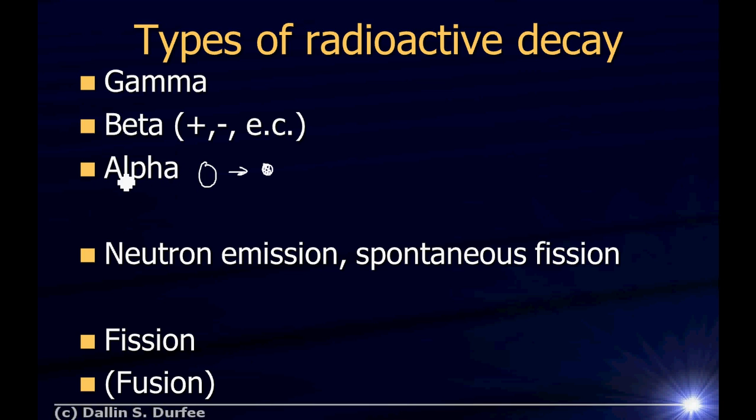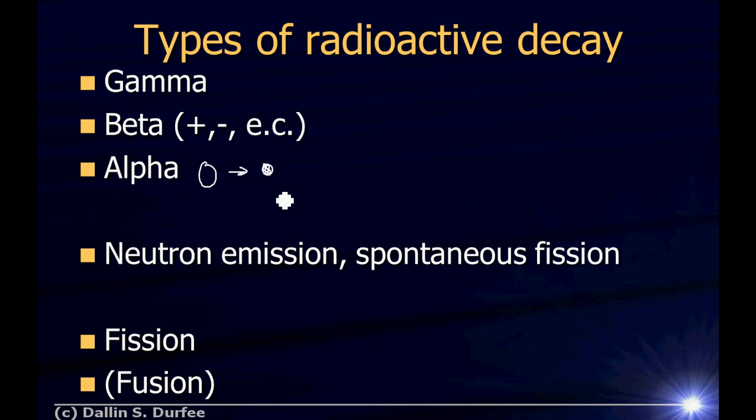Alpha decay happens in the Earth, and that's why we still have helium on our planet. We mentioned in thermodynamics that helium is light enough that it tends to get up into the upper atmosphere and fly away from the Earth. But we have a constant supply of helium being made by radioactive stuff decaying inside the Earth.